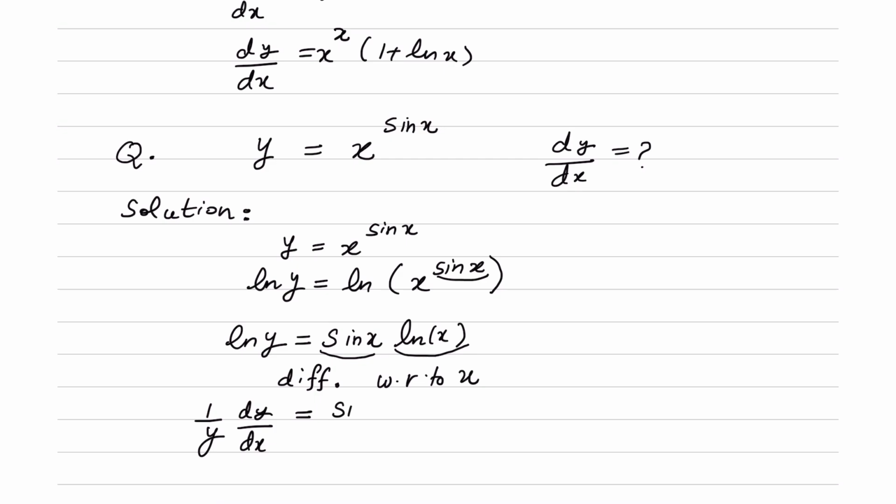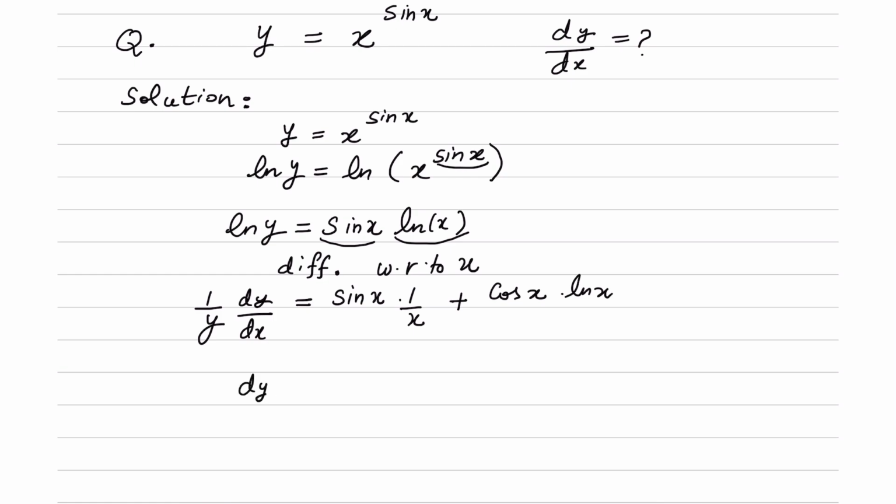First term as it is, derivative of the second term, since the second term is ln x, is 1 over x, plus the derivative of the first term, since the first term is sin x, is cos x, and the second term as it is. Since we need to find dy by dx, we will keep it here and bring y up by cross multiplication. And we have y times sin x by x plus cos x into ln x.